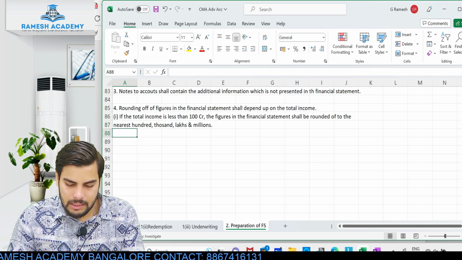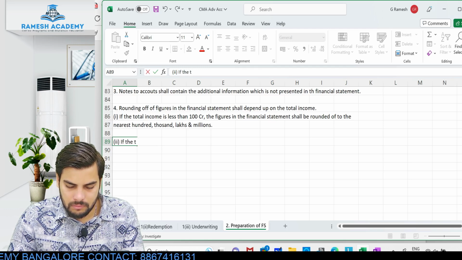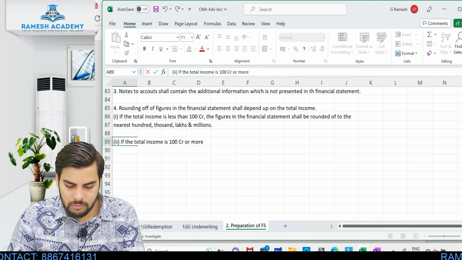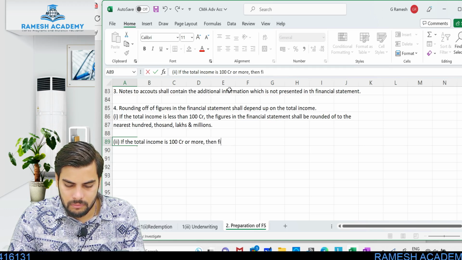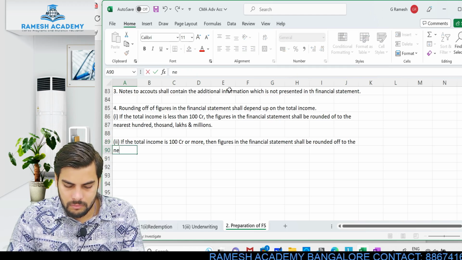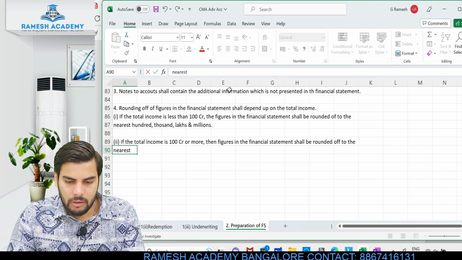The second thing is, if the total income is 100 crores or more, then the figures in the financial statement shall be rounded off to the nearest what?